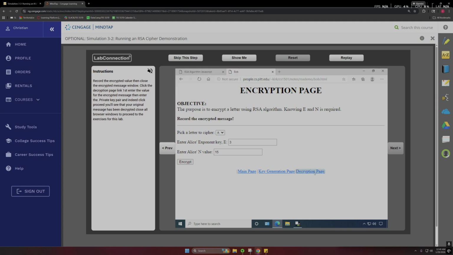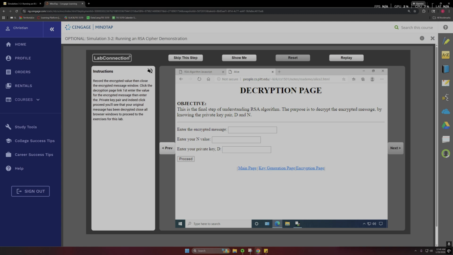Sorry, we got to close that first. Decryption page. And then this time we are going to do, is it one? Oh, it was one. Okay, see, I did confuse myself. I'm sorry, you guys.